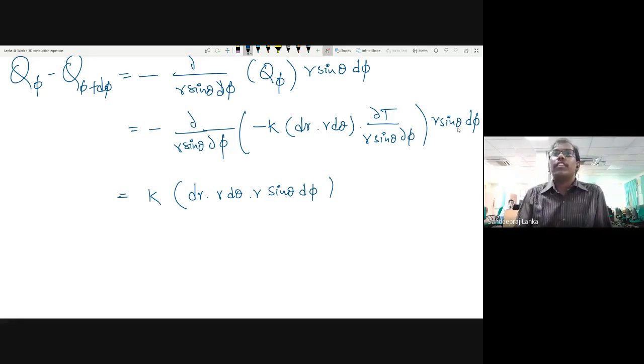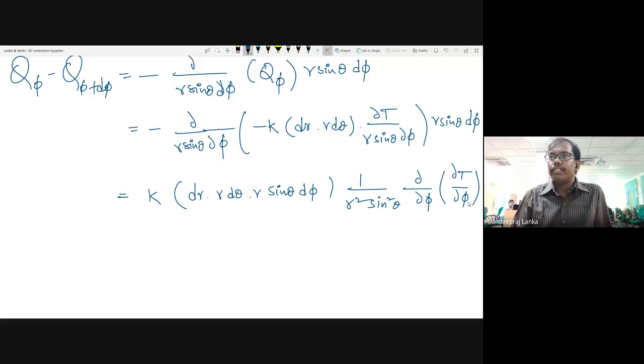But this I have taken on this side so that this will be your volume completely. And here I have r, and here I have r, so I can write it as 1 by r square. I have sine theta here and sine theta here, so I can write it as sine square theta, into dou by dou phi of dou t by dou phi.